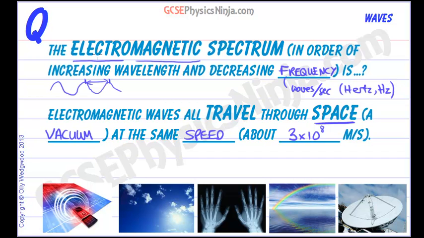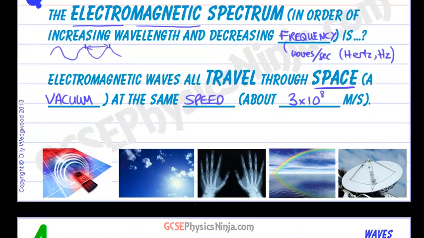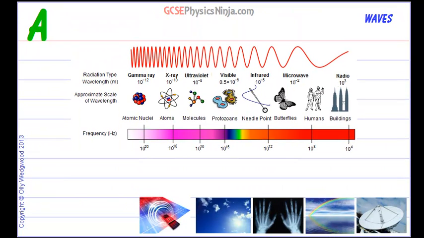So let's look at the electromagnetic spectrum in increasing wavelength, decreasing frequency. So we start off, and the smallest wavelength is gamma rays, about the size of an atomic nucleus between each peak. That's incredibly small.